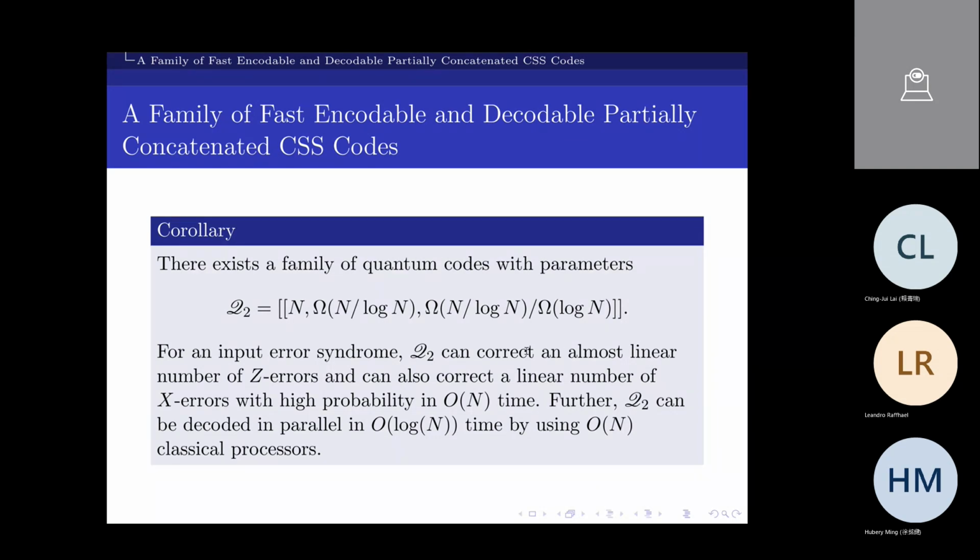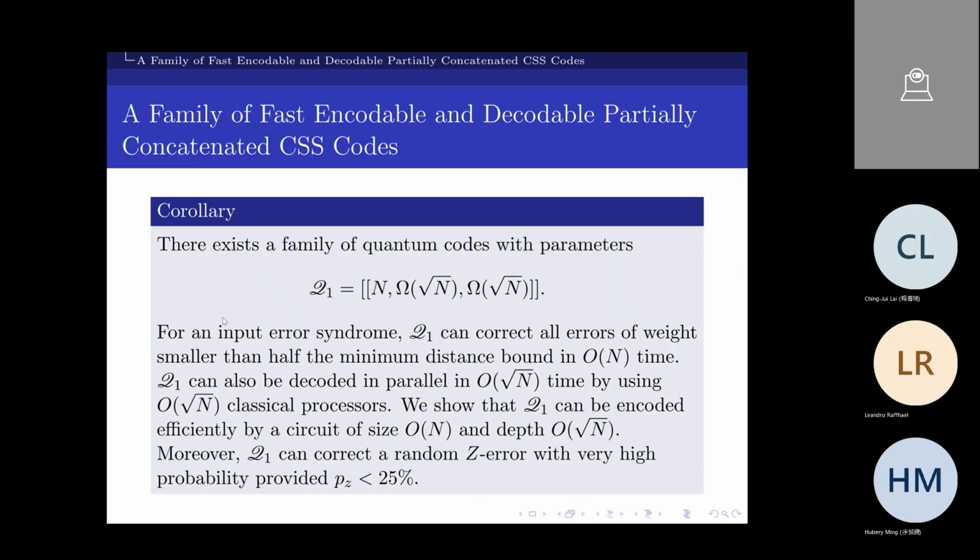Then Q2 can correct an almost linear number of Z errors, and can also correct a linear number of X errors with high probability in linear time. Further, Q2 can be decoded in parallel in log time by using linear classical processors.